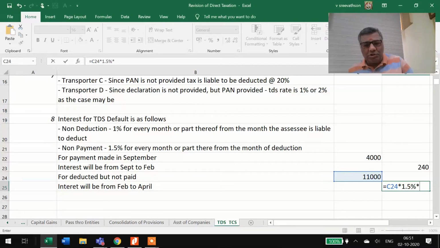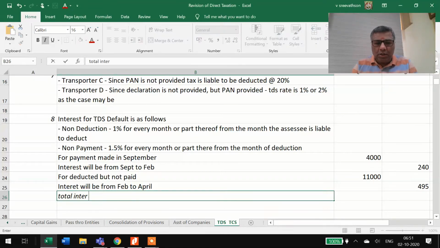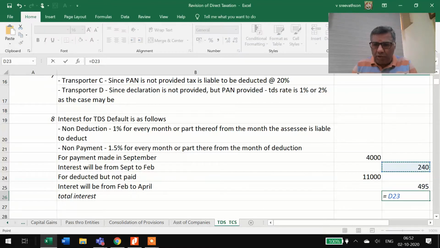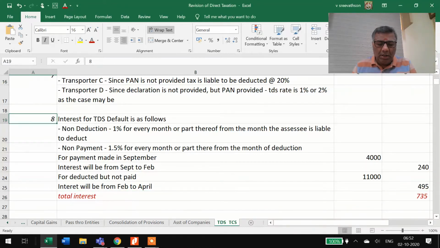Feb is also included, so 3 months. Okay, total interest will be 240 plus 495. This type of question has come twice in our examination in the last 5 years. Compute the interest.